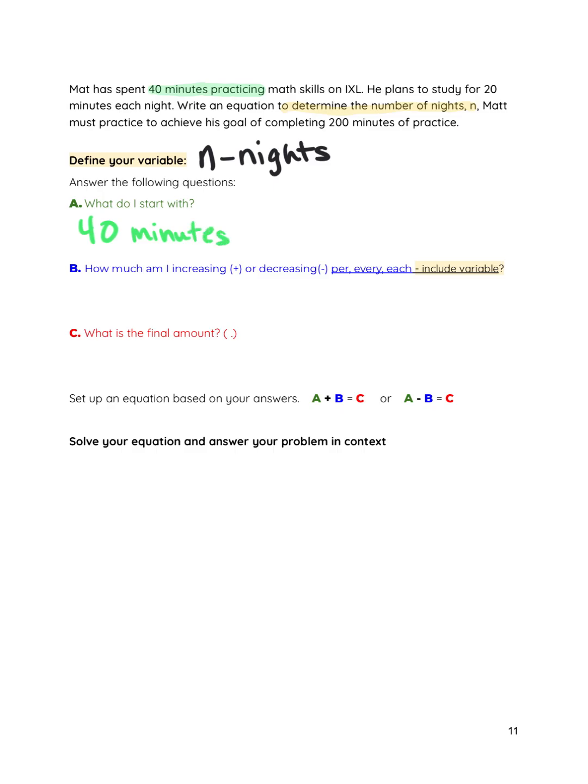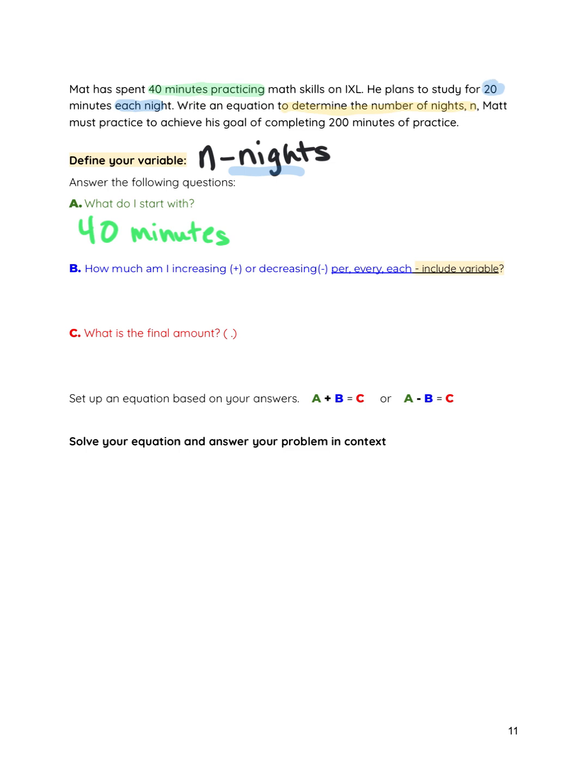Okay, now we're at B. My B is how much I'm increasing or decreasing by, what is happening over and over again. Well, to find that, keywords like per, every, and each help me do that. So I'm going to make it easy for myself and just find that word each. So each night, nights, that's what I'm trying to figure out. What's happening each night? 20 minutes of practice.